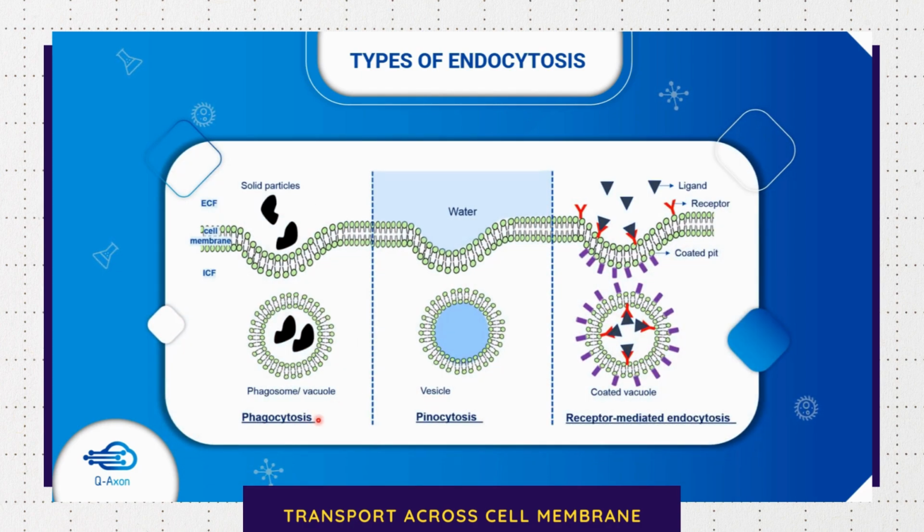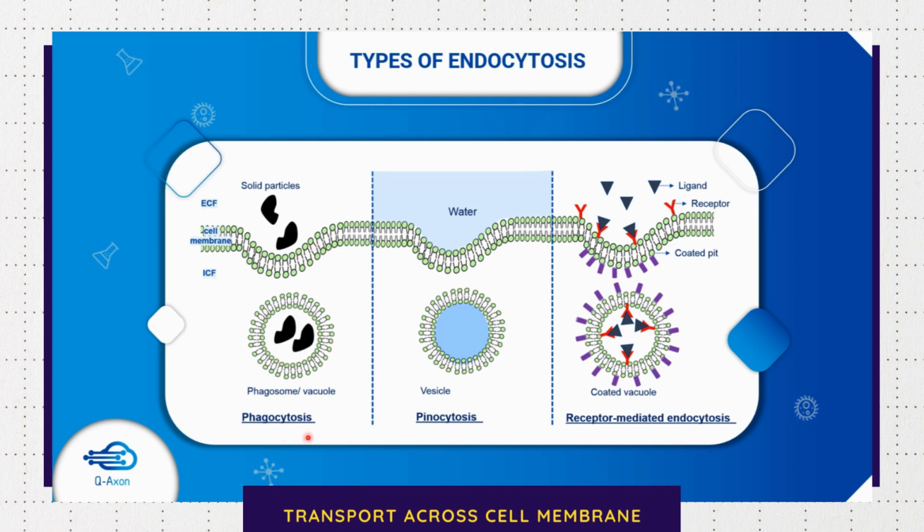First is phagocytosis. Phagocytosis is also known as cell eating. Large particles and dead tissue are taken up by the cell through this mechanism. Here the cell membrane makes contact with the solid particles, and then the cell membrane pinches off and forms a vesicle.